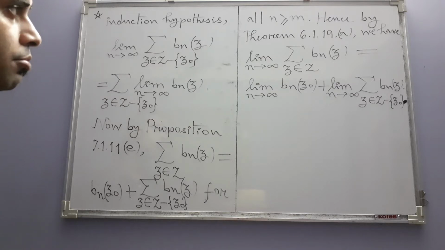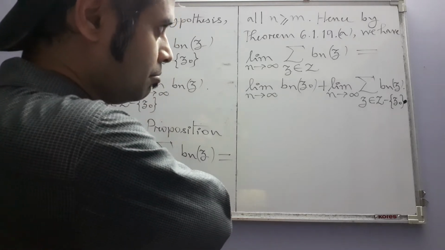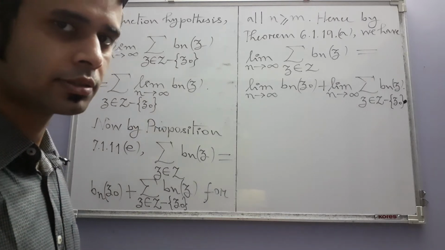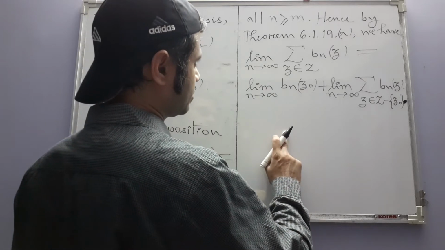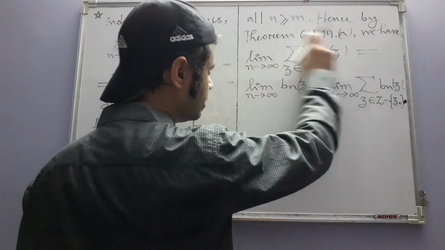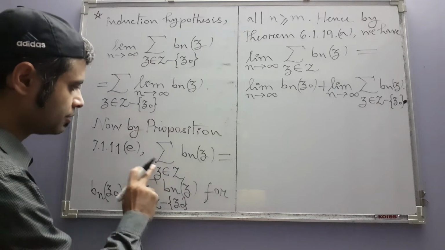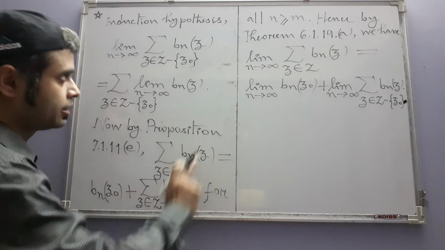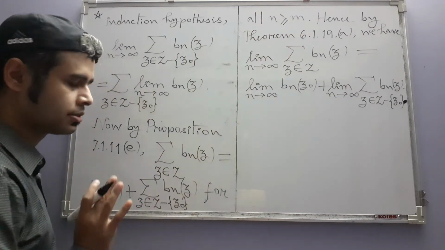Okay, now you may be wondering about one thing. It is given that bn z is a convergent sequence of real numbers for each z in capital Z. But does that automatically tell us that this limit itself exists? For example, here in this equation n is changing. You can take n equal to m, you get one such equation.